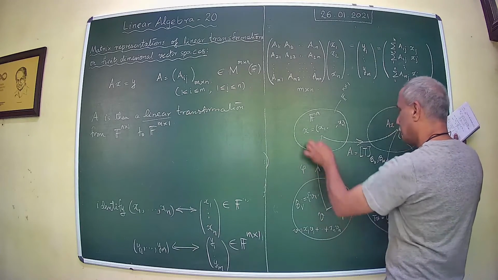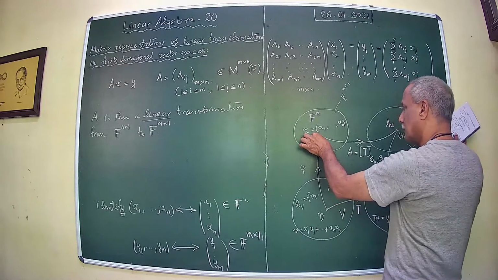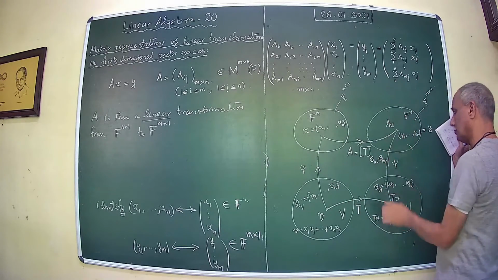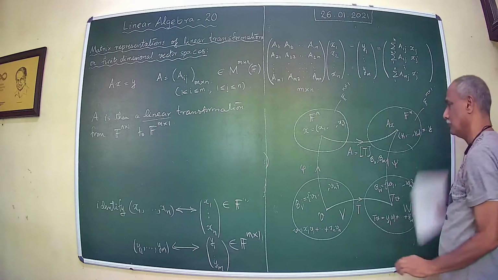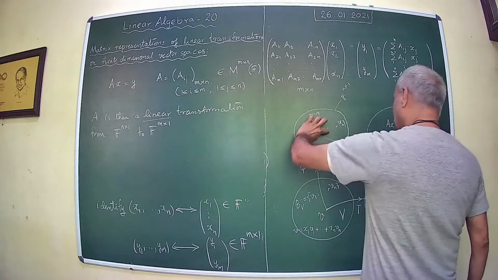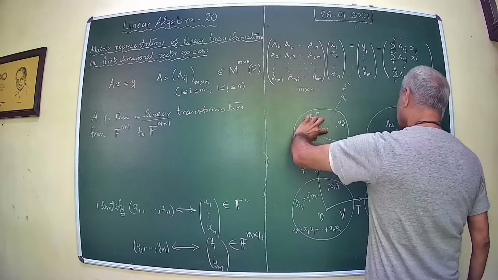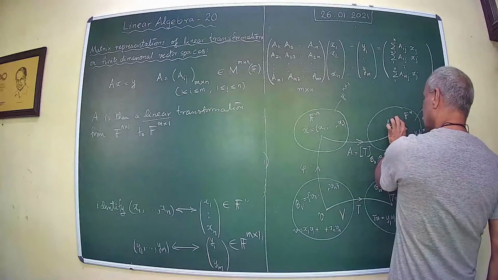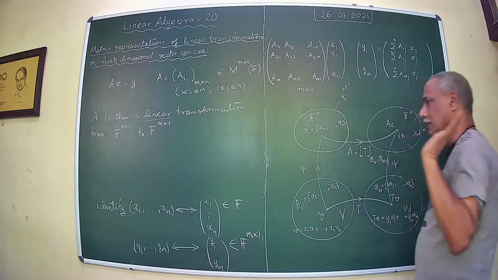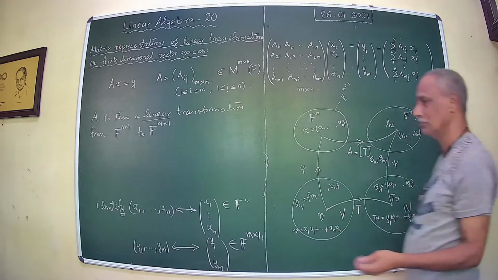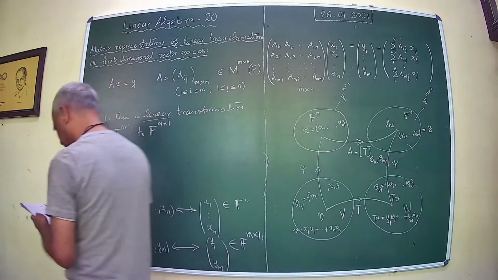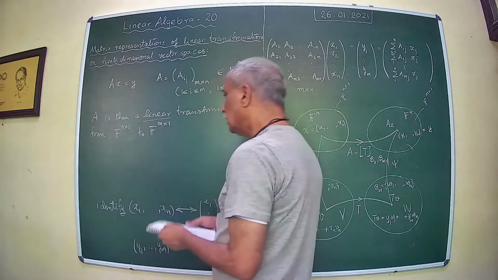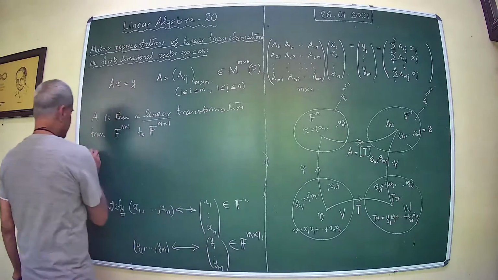Now you set up the corresponding representations in Fn and the corresponding representations of the images in Fm. Check whether the sum of these two is identified with the sum of these two. Similarly for scalar multiplication. So you have to check that. Okay, so that we will complete. Now, so we have the following theorem.